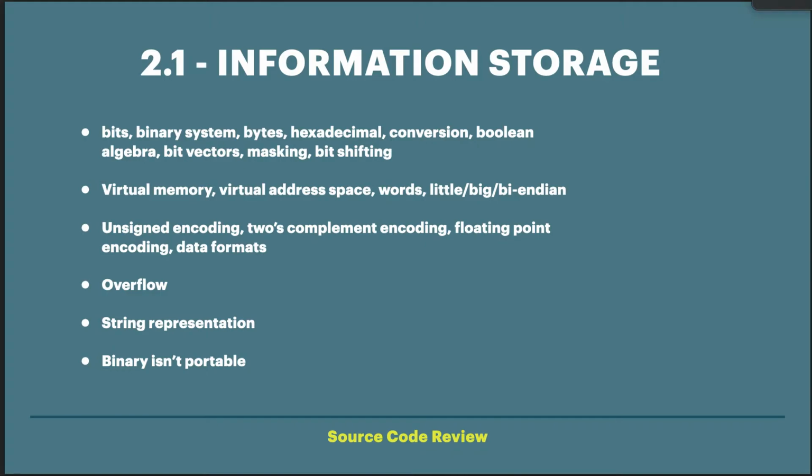False and false is false. False and true is false. True and true is true. So out of the 4 combinations, there's only one in which the AND operation results in true, where both operands are true. And true is synonymous with 1 and false is synonymous with 0 when it comes to Boolean algebra.